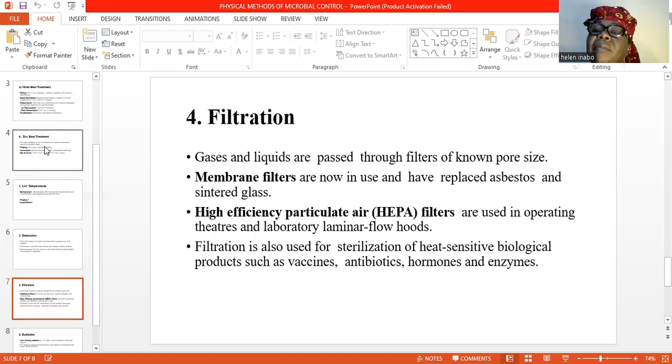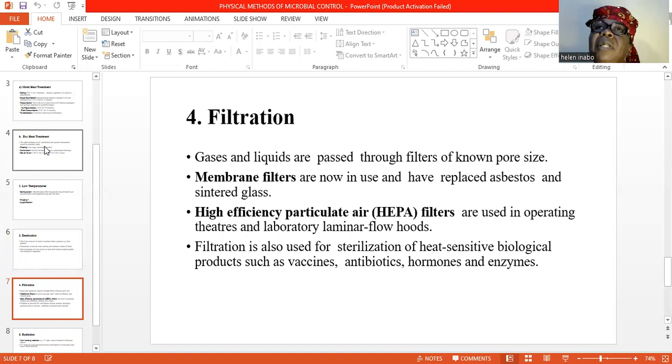So they are made to pass through filters of known pore size. Asbestos and sintered glass filters were used to achieve filtration, but are now replaced with membrane filters that are made up of nitrocellulose and polycarbonate material.